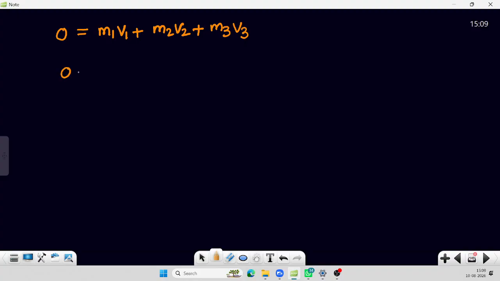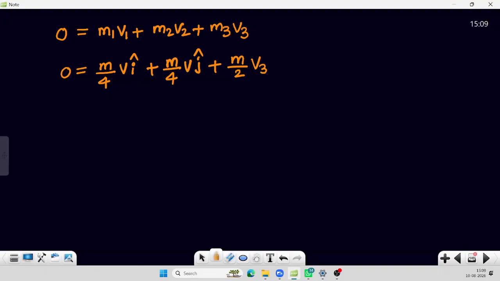So this is 0 equal to M1, which is M by 4, and V1 means V into i cap. Next one, M by 4 V into j cap, and the next one is M by 2 into V3, whose value we don't know, we have to calculate.